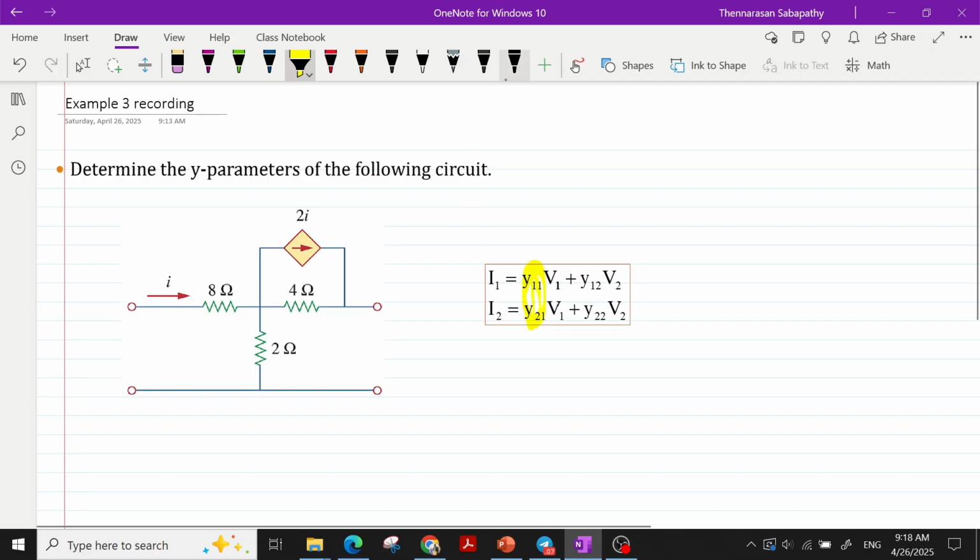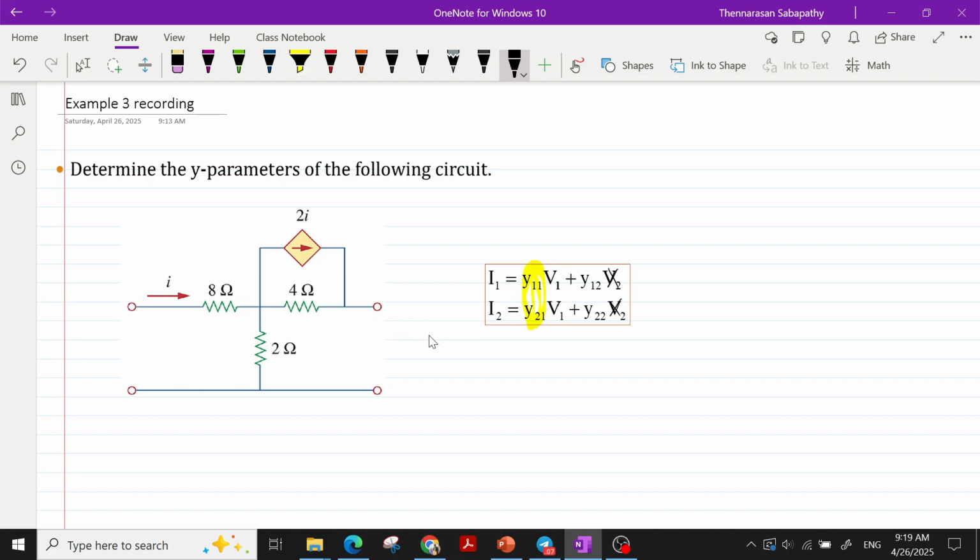In that case you have to turn off the power source V2. When calculating the y parameters, an implemented source should be a current source, and when you want to turn off V, it should be a short circuit.